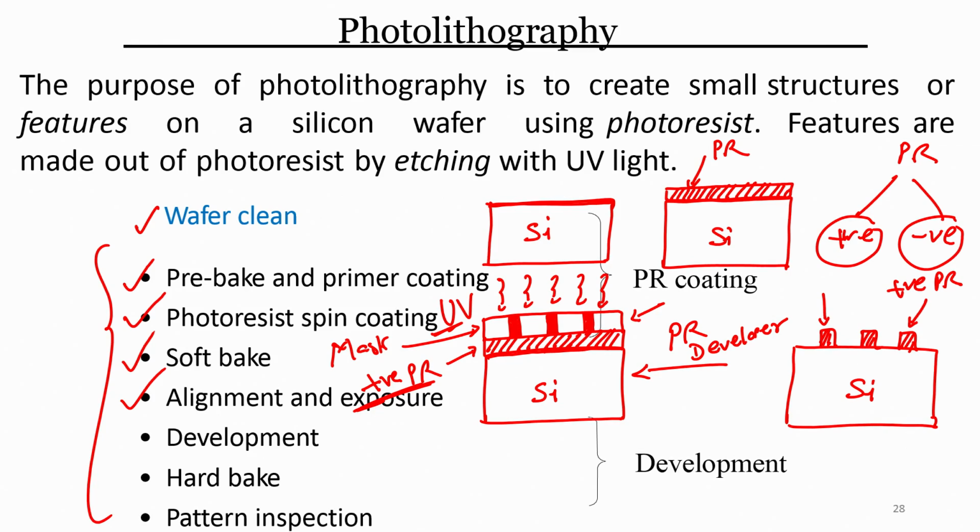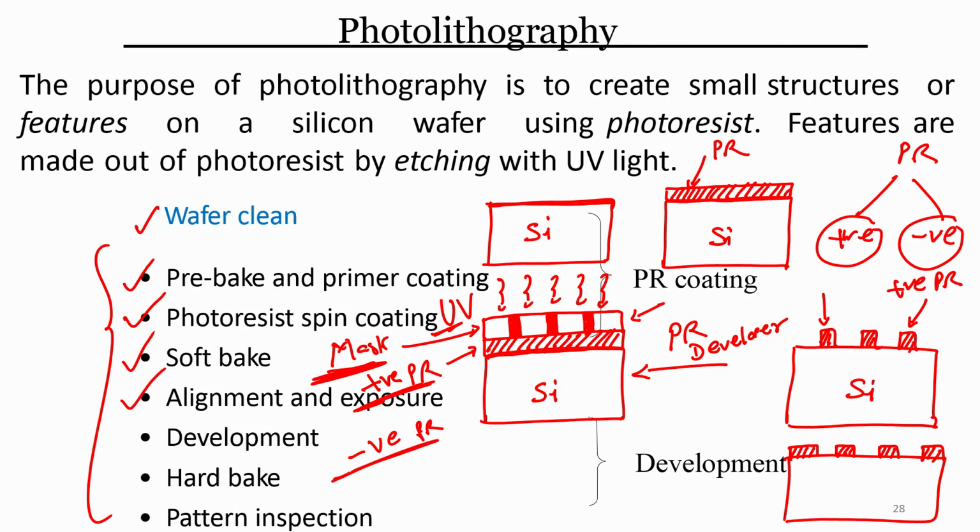But if I use negative photoresist with the same bright field mask, the pattern that you will see will be like this, the opposite of whatever is there on the mask.